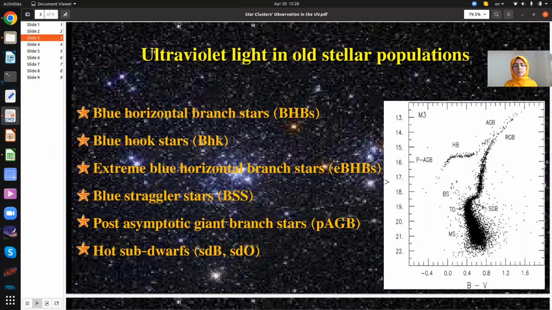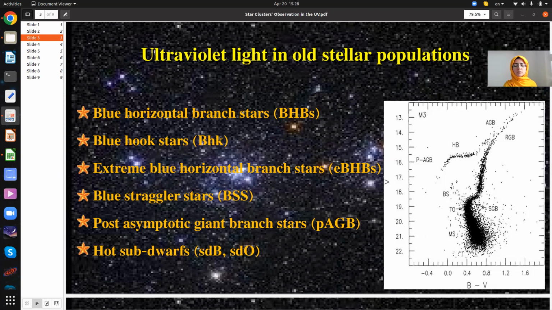The ultraviolet light in all the stellar populations of galactic globular clusters, or GGCs, is dominated by hot stars such as blue horizontal branch stars, blue hook stars, extreme blue horizontal branch stars, blue straggler stars, post-asymptotic giant branch stars, and hot subdwarfs.